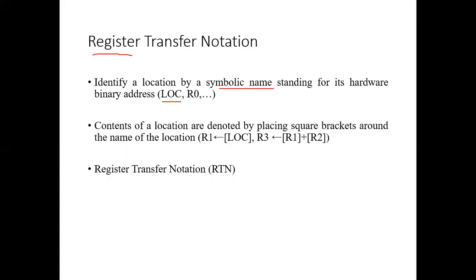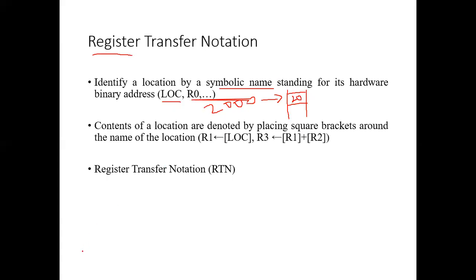So if LOC contains 2000, then it is not referring to 2000 itself, it is referring to that location 2000. It means it is referring to the value at 2000. The value at 2000 may be 20, then it is talking about that 20.